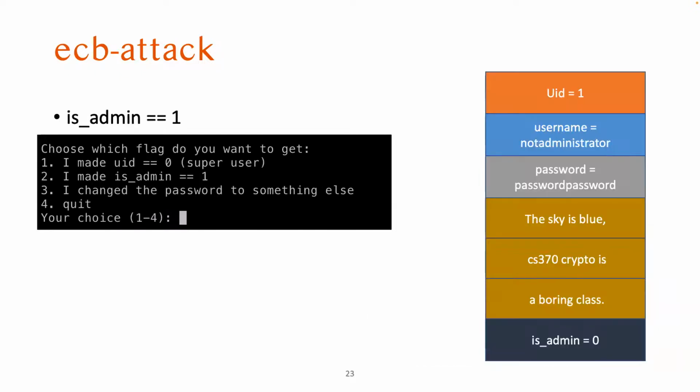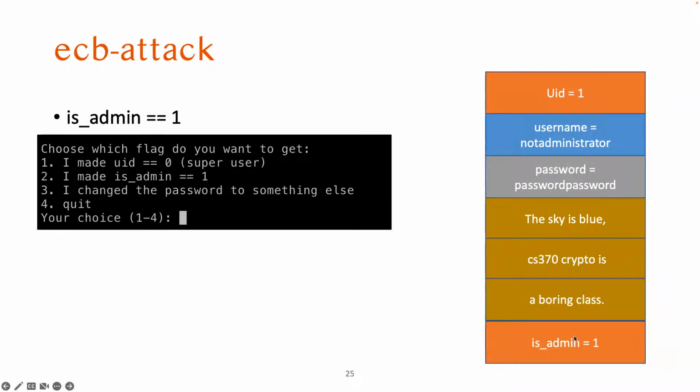The next challenge is we need to make the isadmin flag 1. Many of you know how we can achieve that. Can anyone answer how we can make the isadmin flag 1? Yeah, just do the opposite. UID is 1, so bring this and put it in here.